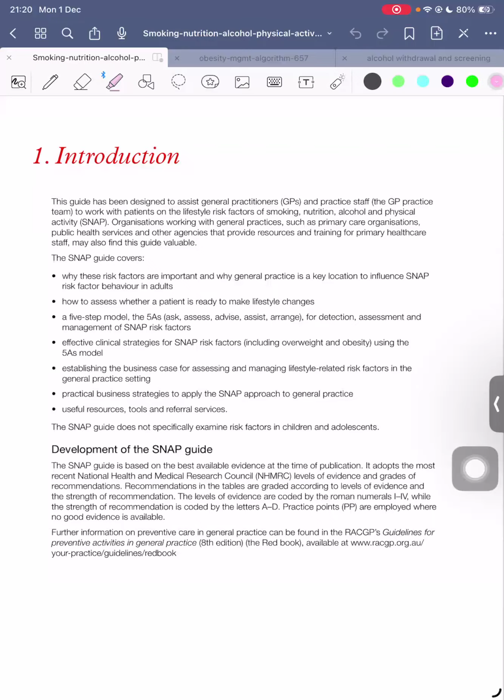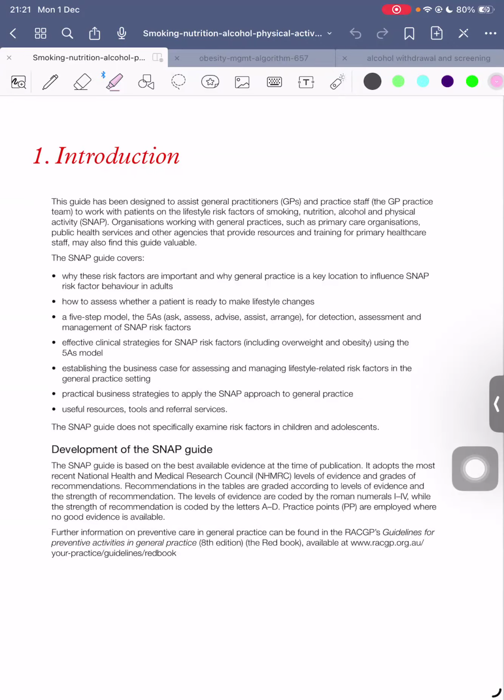I'll explain these 5 steps. It can guide clinicians with evidence-based interventions for smoking, diet, alcohol, and physical activity, to support coordinated long-term care through follow-up and referral pathways, and to integrate preventive care into the everyday general practice system and workflow.